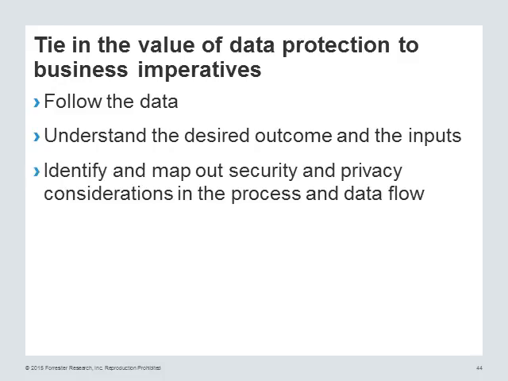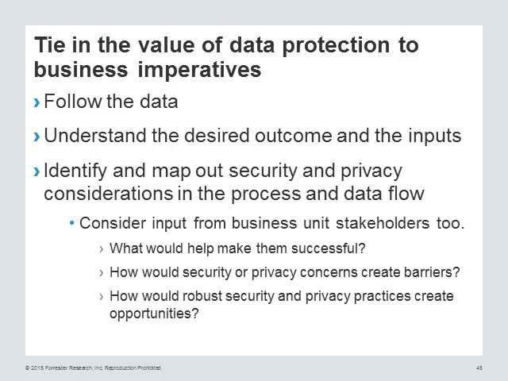And when we know that, we can start to identify and map out where some of these different security and privacy considerations can come in the process, as well as the data flow. And to do that, well, we can't do it alone either. We have to consider input from our peers within the business.